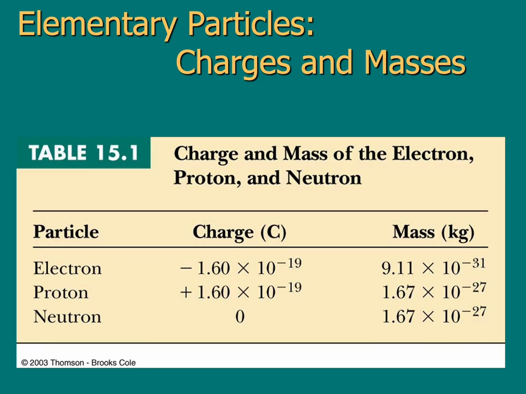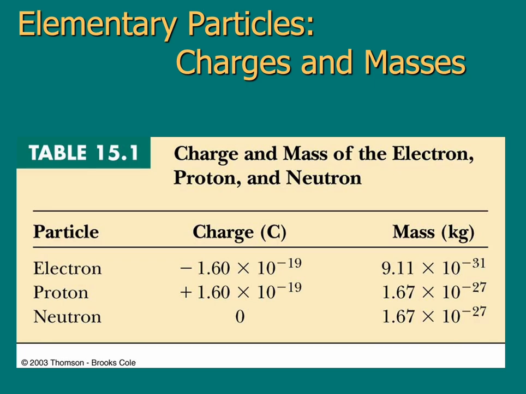The proton carries positive 1.6 times 10 to the negative 19 coulomb of charge. The electron carries negative 1.6 times 10 to the negative 19 coulombs of charge. Neutron doesn't carry any charge. What about mass? Look at this table.